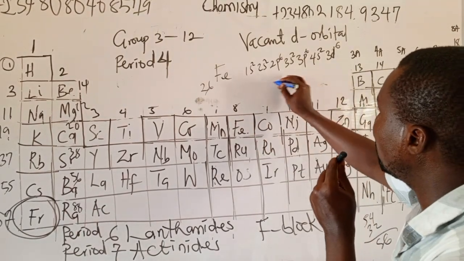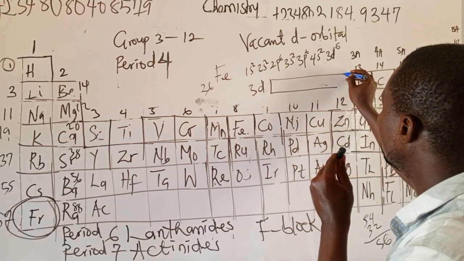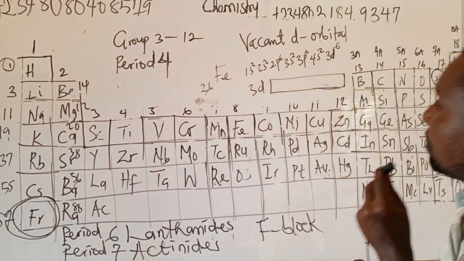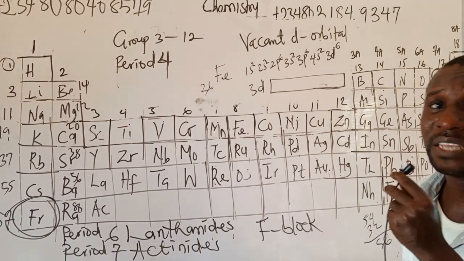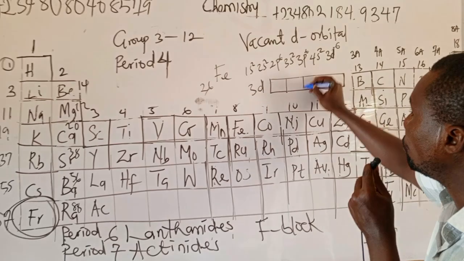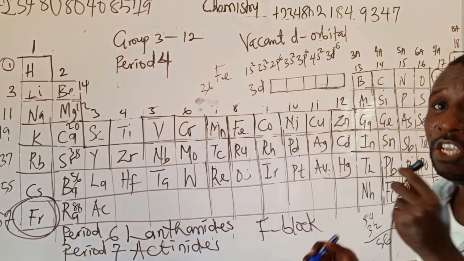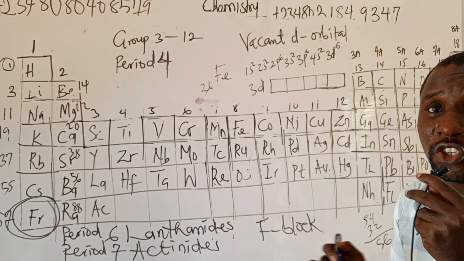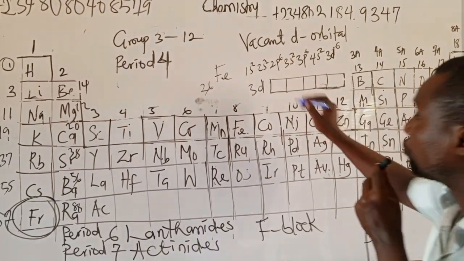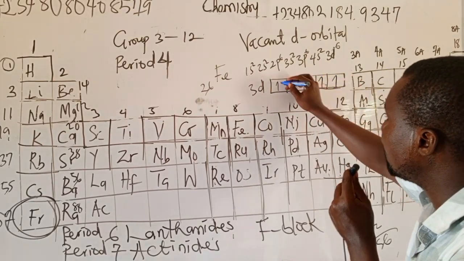If you draw 3d, the d orbital has how many orbitals? 5: 1, 2, 3, 4, 5. With six electrons, you have 1, 2, 3, 4, 5, then 6.